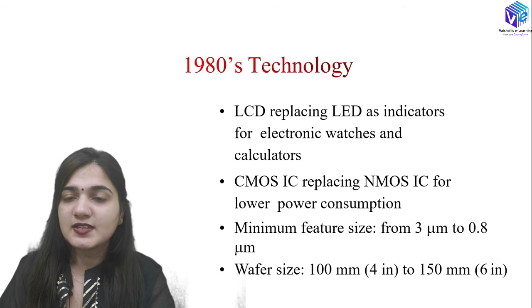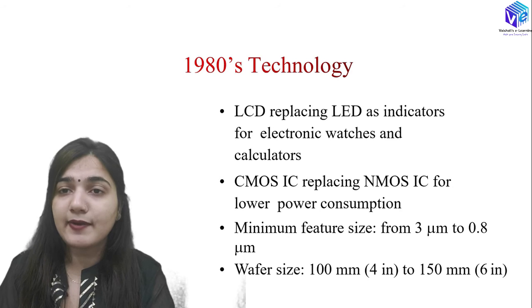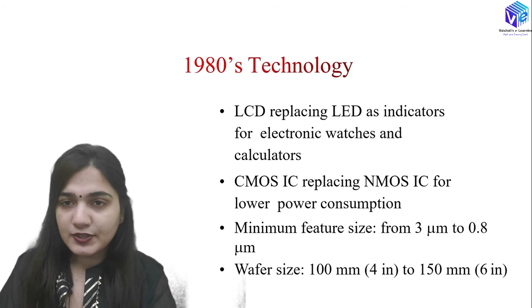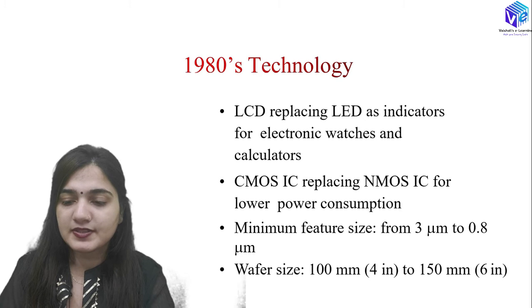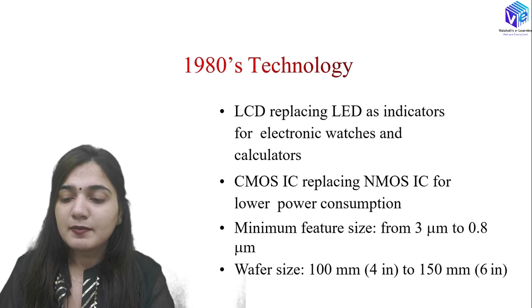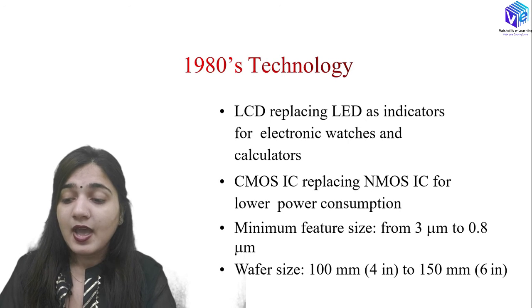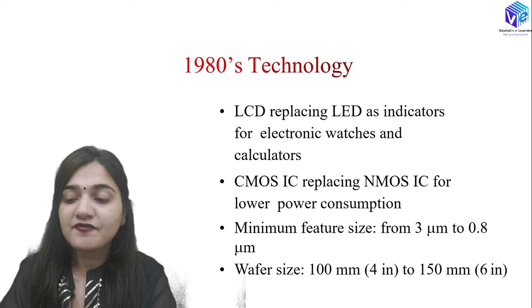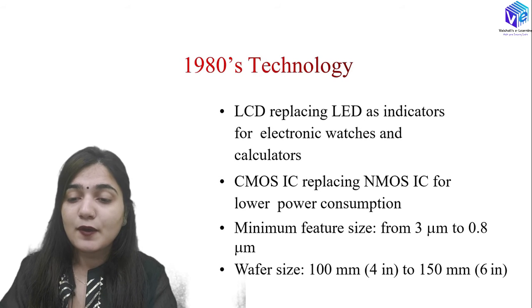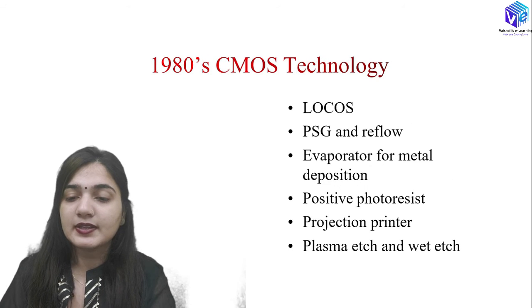If I was using the CMOS, it had one additional advantage. The speed was high, but there is an additional advantage of having the lower power consumption. Also the minimum feature size was reduced from 3 micrometer to 0.8 micrometer. The wafer size was increased from 100 mm, that is 4 inch, to 6 inch, that is 150 mm. These are all the changes that we were having in the 1980s.